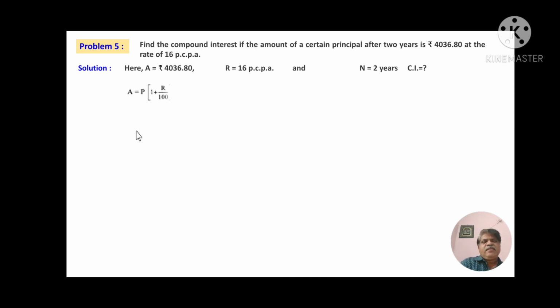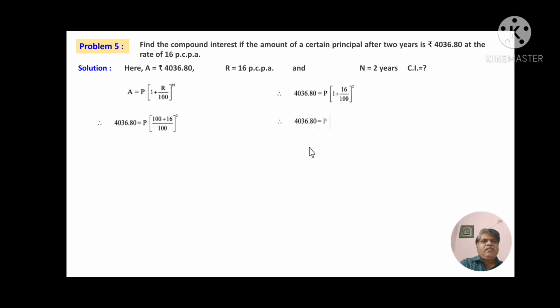So we know that A is equal to P into bracket 1 plus R upon 100 raised to N. Now we'll put the values. 4036.80 is equal to P into bracket 1 plus 16 upon 100 raised to 2. Therefore, 4036.80 is equal to P into bracket 100 plus 16 upon 100 raised to 2.